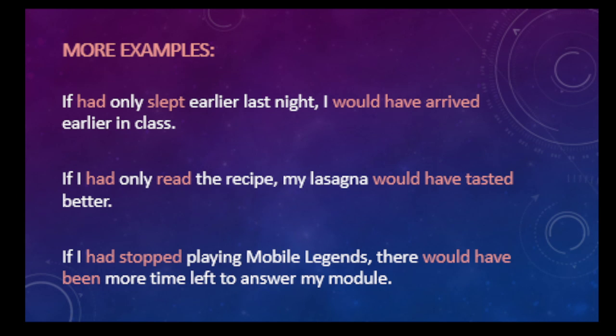More examples. If I had slept earlier last night, I would have arrived earlier in the class. Okay, if I had only slept. So, gumamit ako dun sa if clause ng had, tsaka past participle slept. Kasi, ang present tense ng slept ay sleep, ang past tense niya ay slept, then ang past participle niya ay slept.